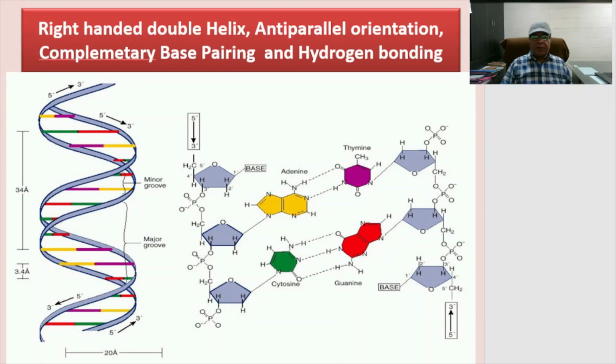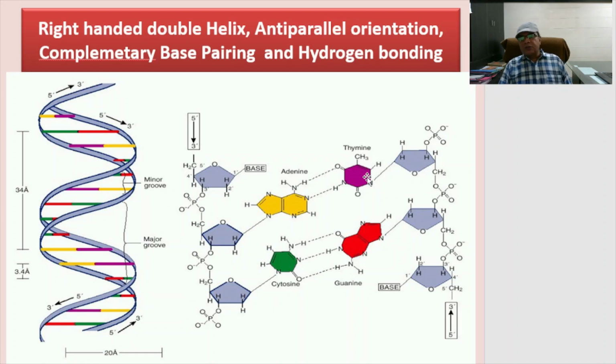Another main feature of the double helical model of DNA is complementary base pairing. If there is an adenine in one strand, the opposite strand always contains thymine. If there is a cytosine in one strand, the opposite strand always has a guanine. So opposite A there is T, and opposite C there is G. If it is G, the opposite is always C, and if it is thymine, the opposite is adenine.